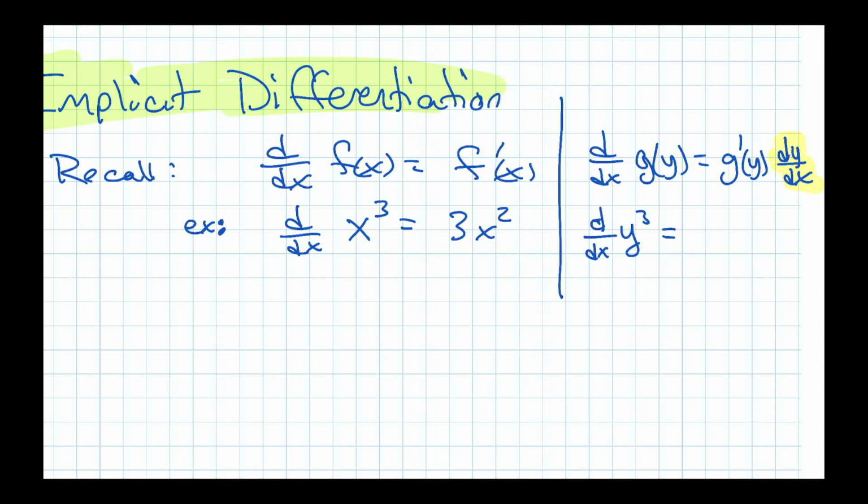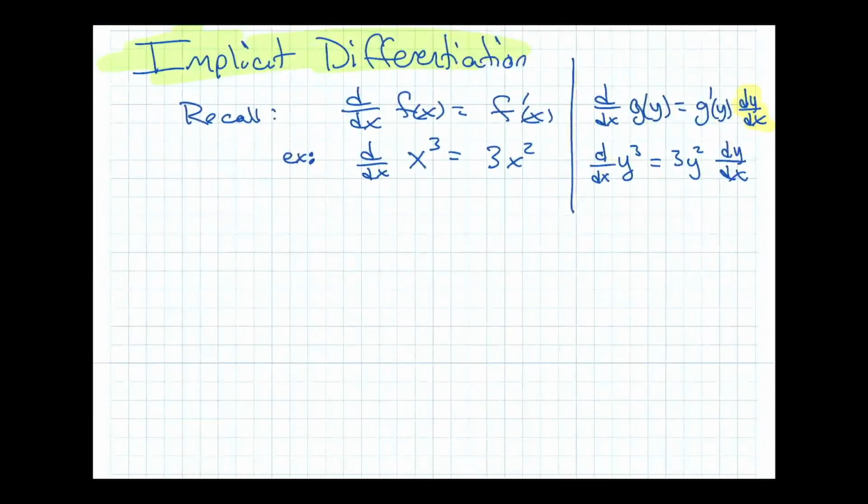So 3x squared, in this case 3y squared, but you have to tack on this dy dx. Okay? So if you remember that rule, then you're going to take the derivative and then you have to solve for dy dx with algebra. Okay?